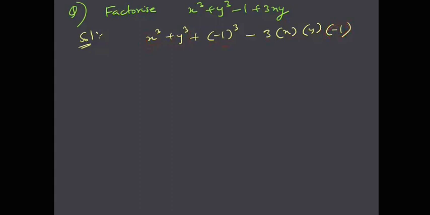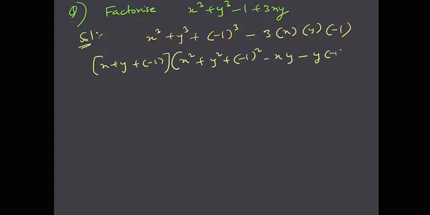So then we can write it as a plus b plus c, right, into a square plus b square plus c square minus ab minus bc minus ca.